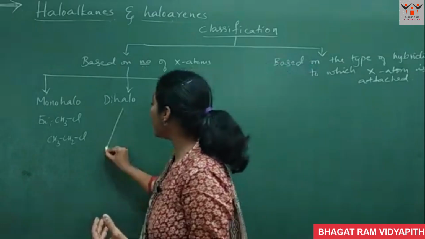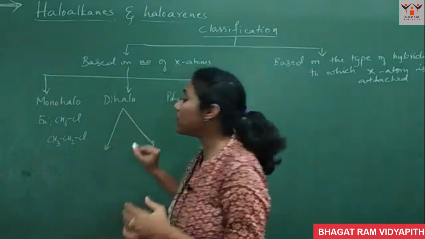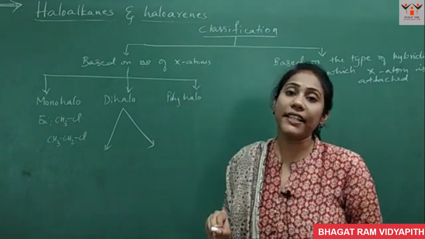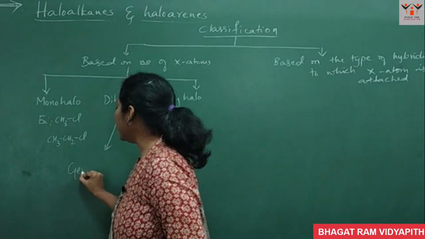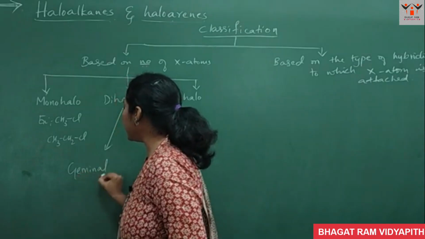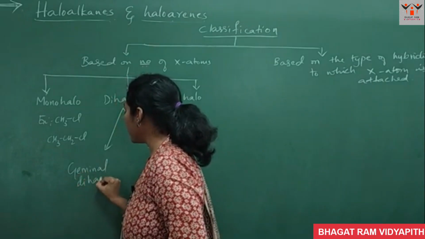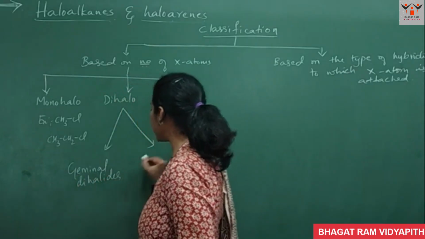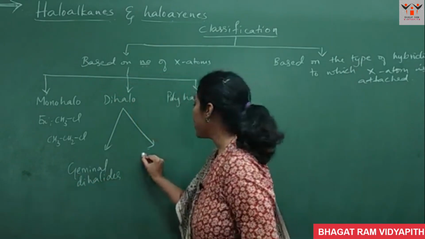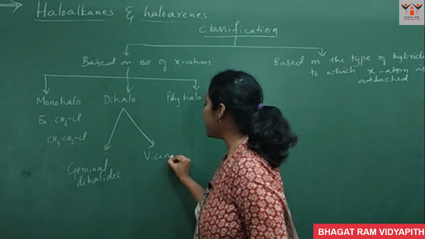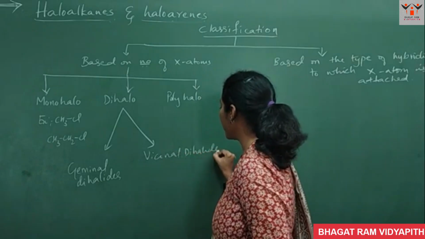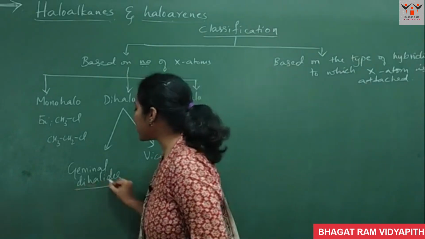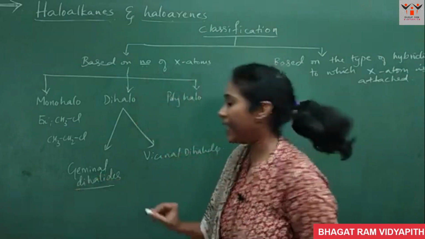And most importantly, dihalo compounds are again classified into two varieties. One is geminal dihalides. This is very important to understand. Carefully listen to this. And the other one is vicinal dihalides.